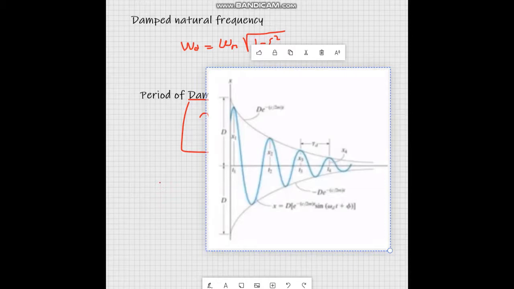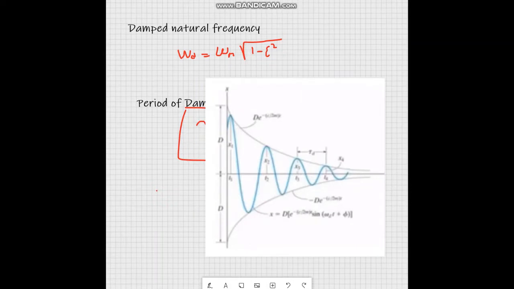So it's slowly damping, and then it's fading away. This is how we are gonna solve our motion with damping. We can find x, at which time, and what is the amplitude and location, using this formula.